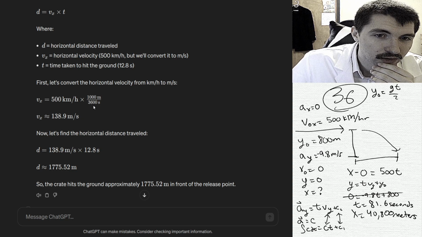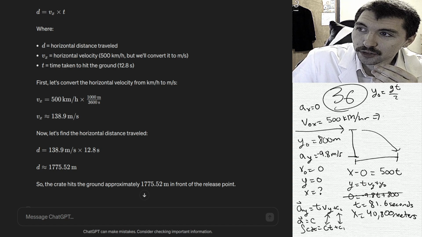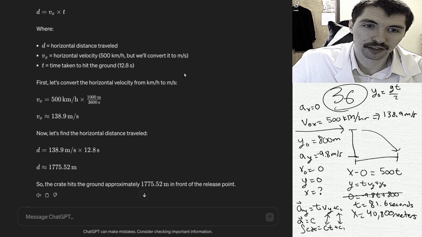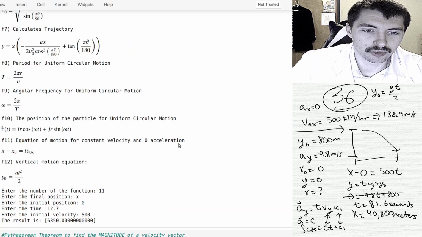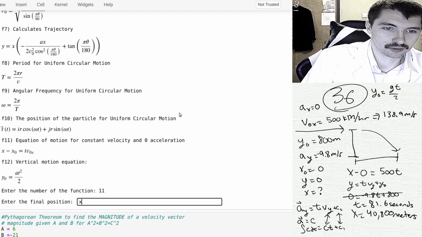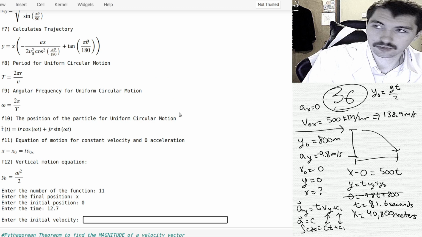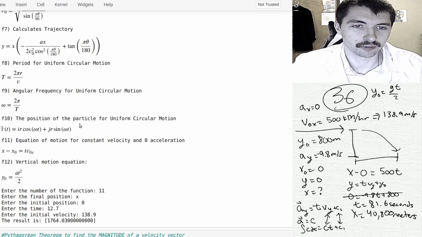Converting kilometers per hour to meters per second. Okay, so they had to convert this to 138.9. We get 1764. Okay.